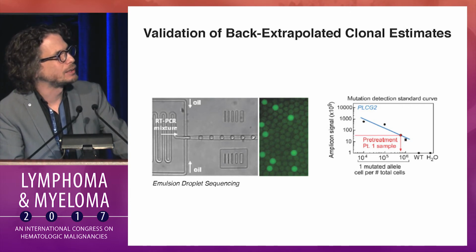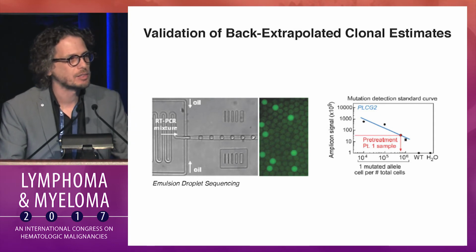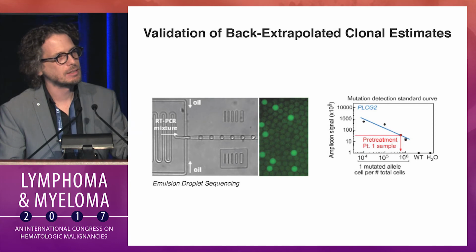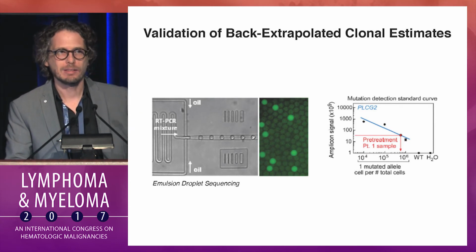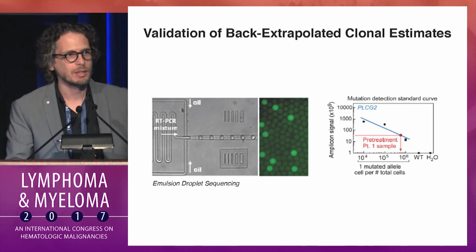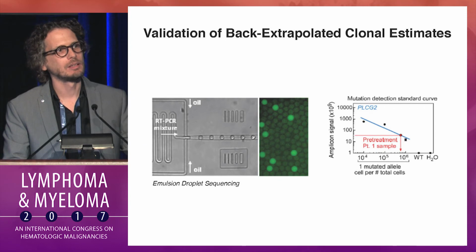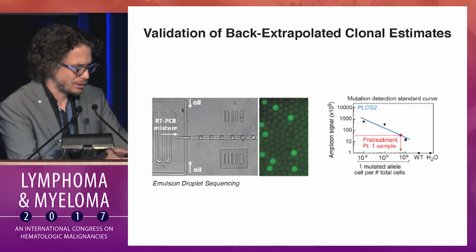And we see that the predictions that we made analytically using the mathematical back extrapolation were highly consistent with the measurement, and that tells us, in a formal demonstration, that at least in some cases the resistance arises from pre-existing clonal diversity.